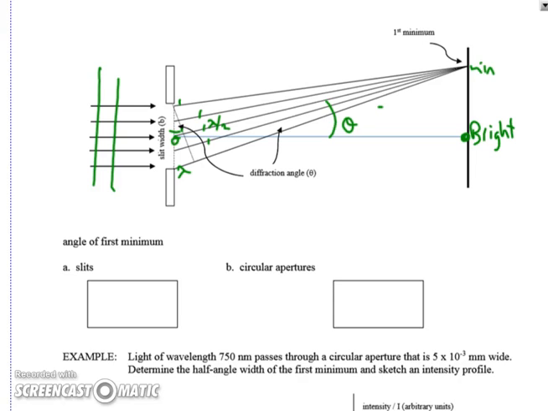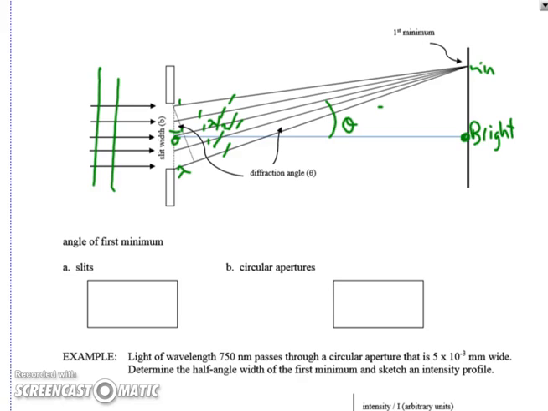If we start in the middle, this ray right here will exactly cancel out that ray, and then the ray above it will cancel out that ray, and the ray above it will cancel out another ray. We've just drawn 5 here, but we have an arbitrarily large number of these. So every ray that diffracts has a partner that is exactly half a wavelength away from it, or a half wavelength path difference.